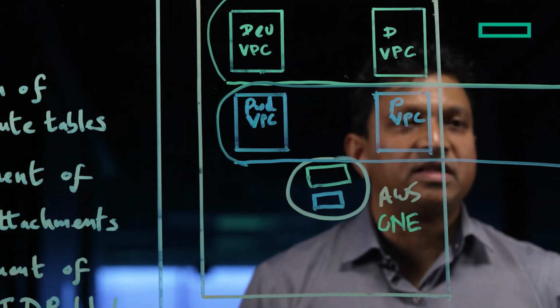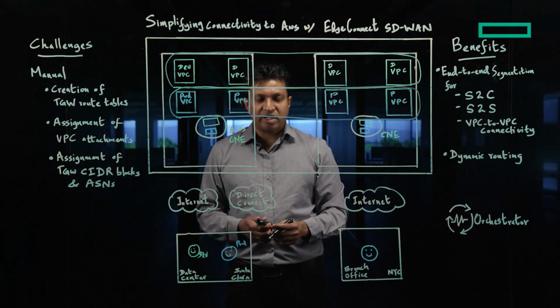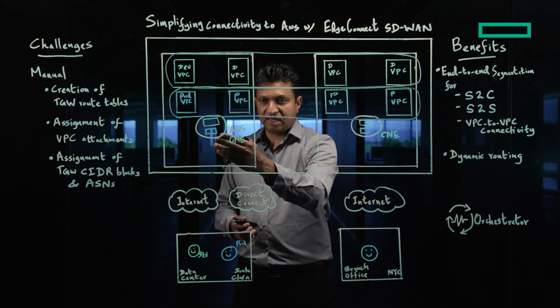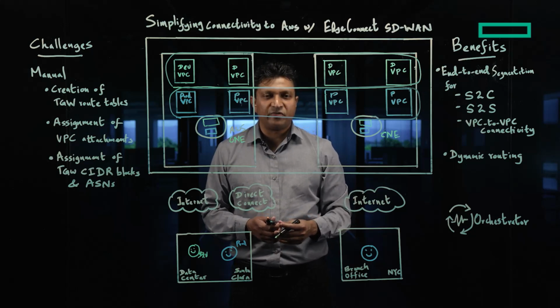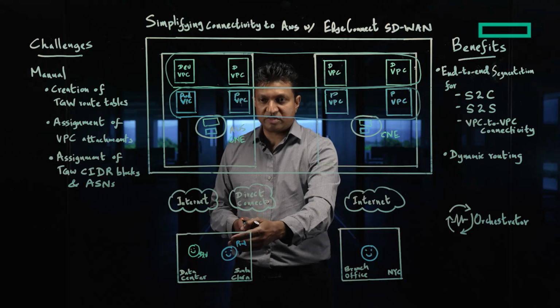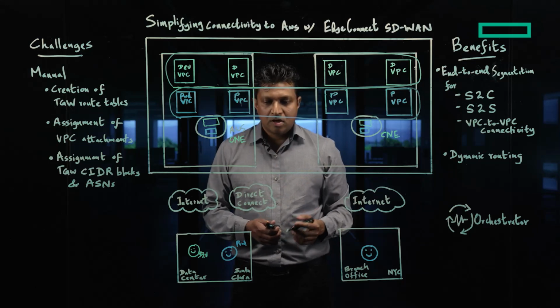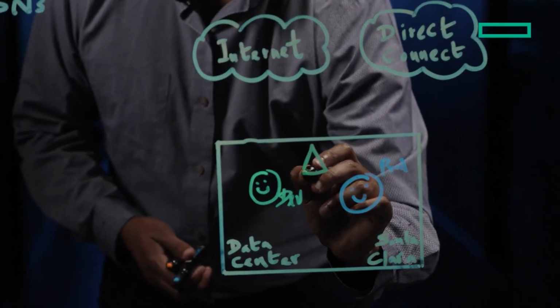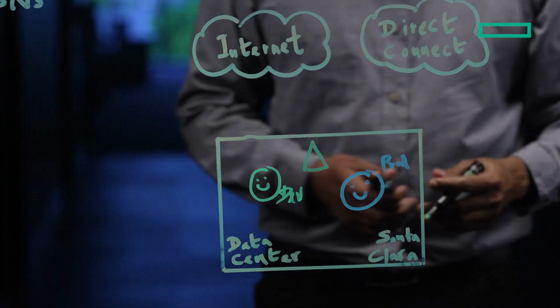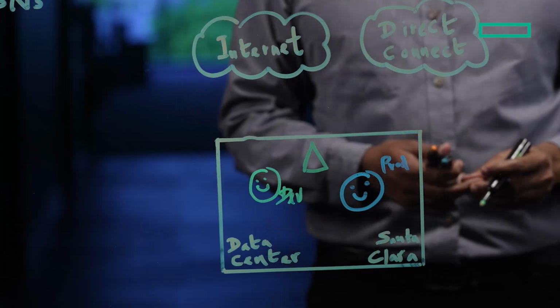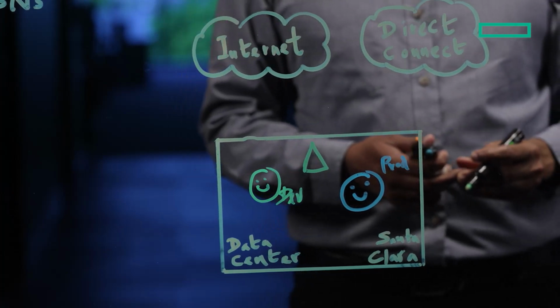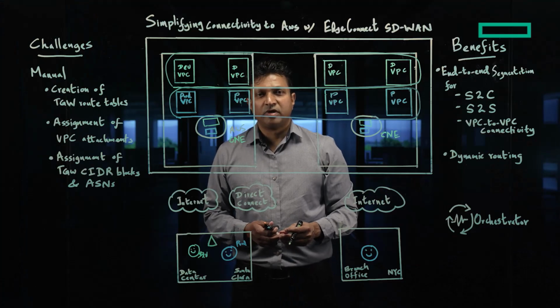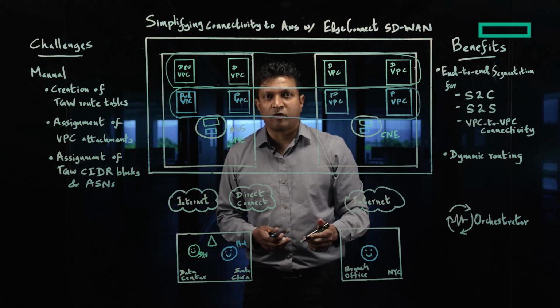To simplify this, you can deploy EdgeConnect software on-prem and in the cloud to simplify connectivity between your on-prem sites and the cloud. On-prem, it's going to be a physical EdgeConnect device, or you can run EdgeConnect SD-WAN software as a virtual machine on a hypervisor like VMware ESXi or Microsoft Hyper-V.